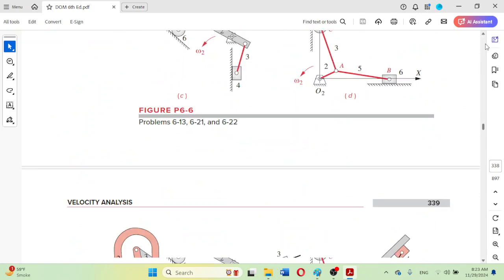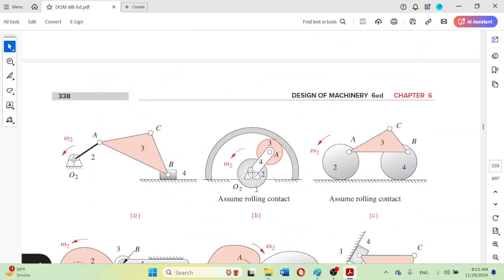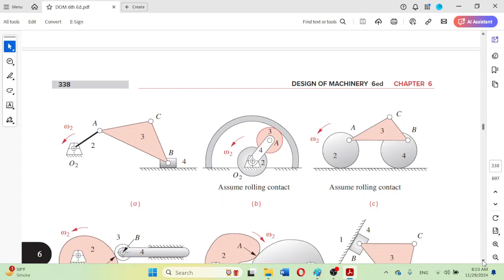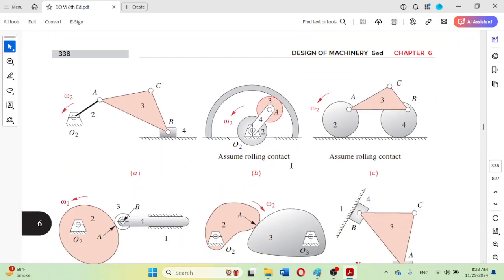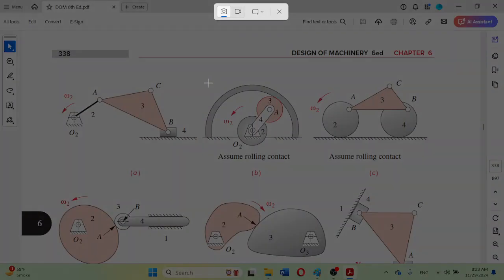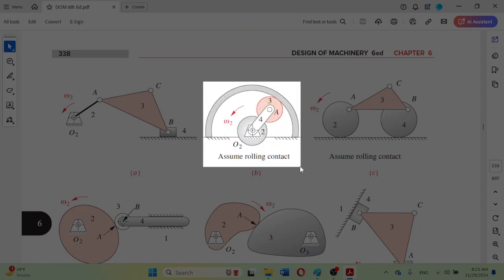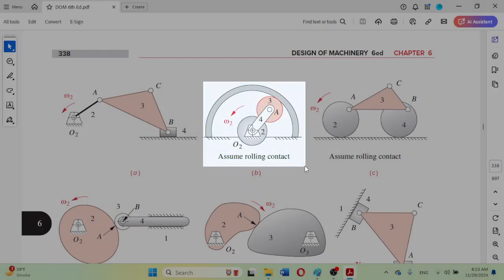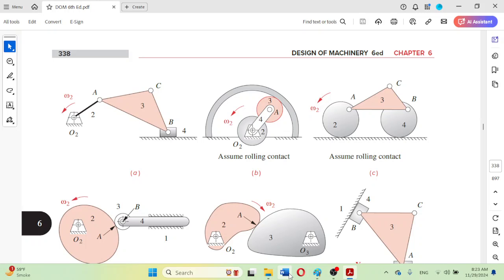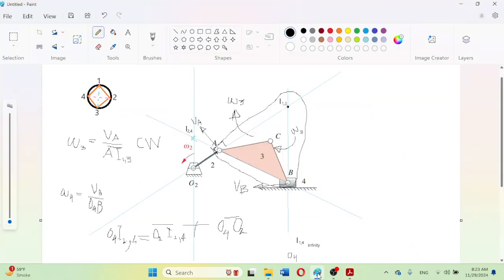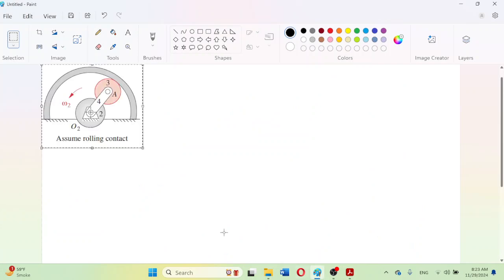Sorry, this figure B. So I can just copy and paste it here.